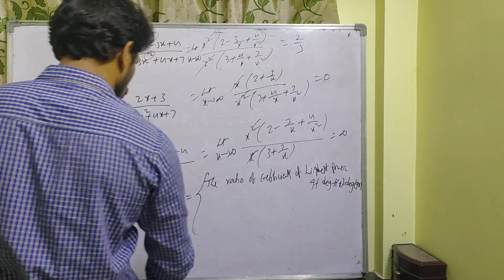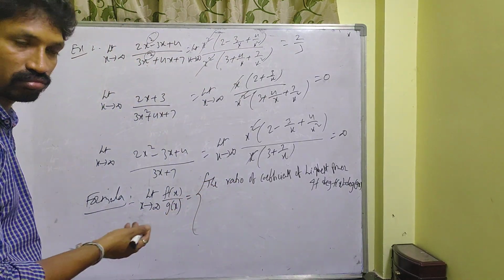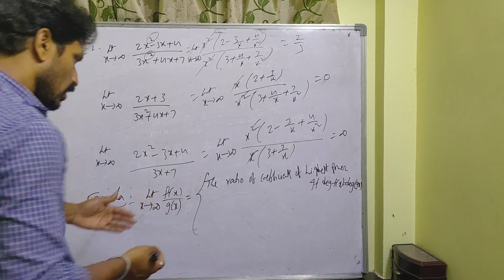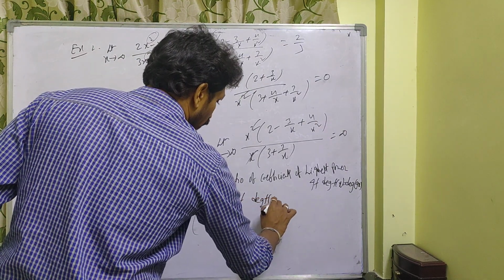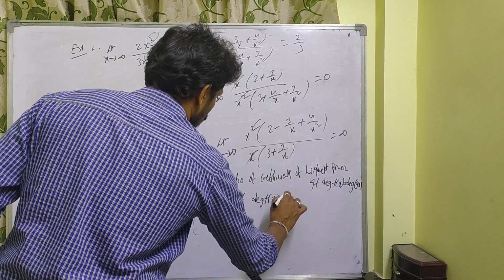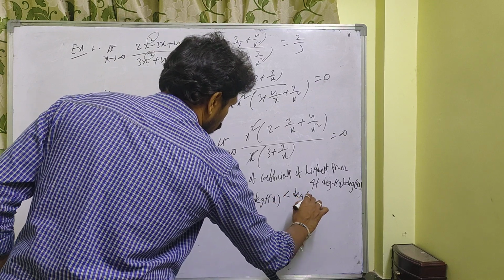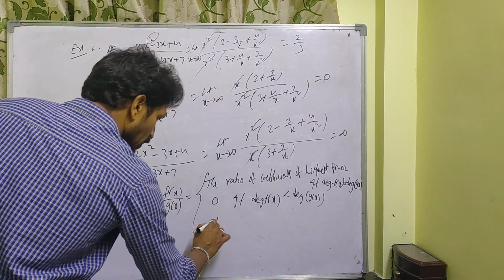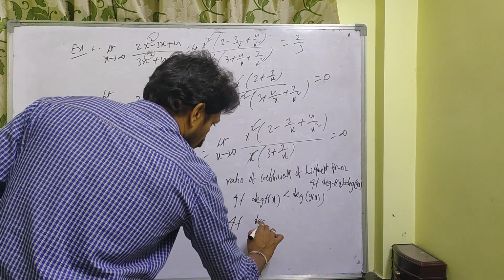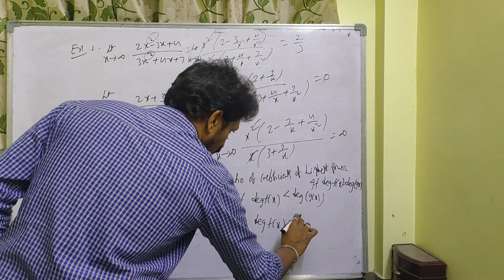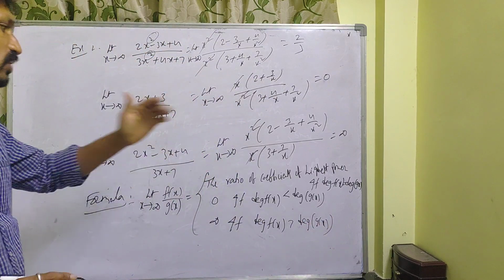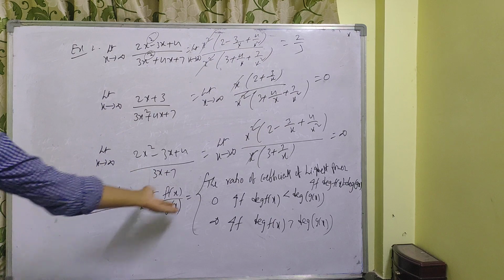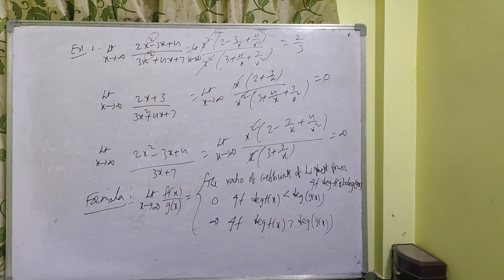Next, this value is equal to 0 if degree of f of x is less than degree of g of x. This is infinity if degree of f of x is greater than degree of g of x. Just based on these three examples, I gave the formula. Very, very important.